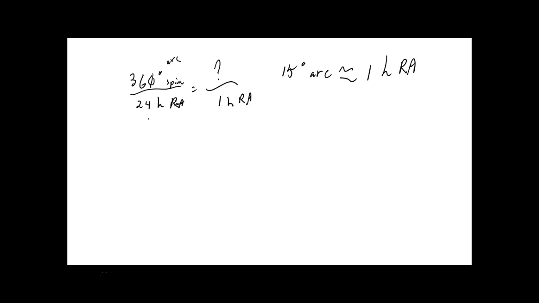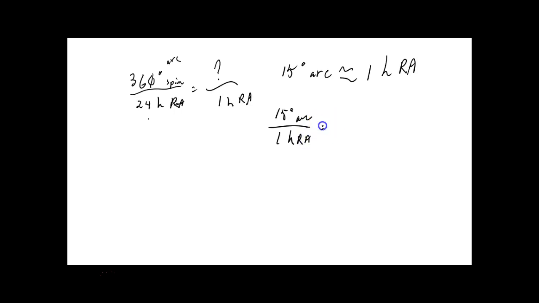Now here's where things get a little, they're not really confusing, but you're using the same term for different things. How many minutes of right ascension are equivalent to 1 degree of arc? So you got 15 degrees of arc and 1 hour of right ascension.